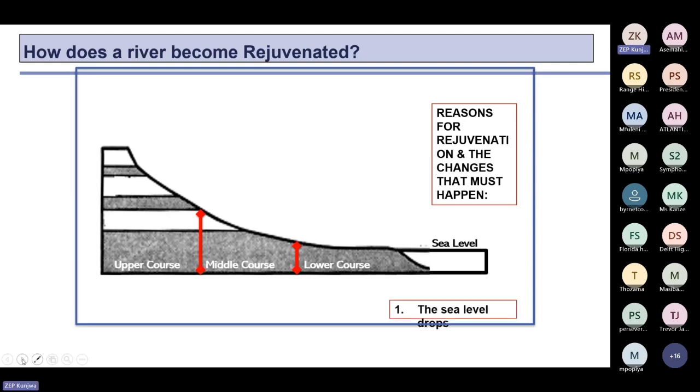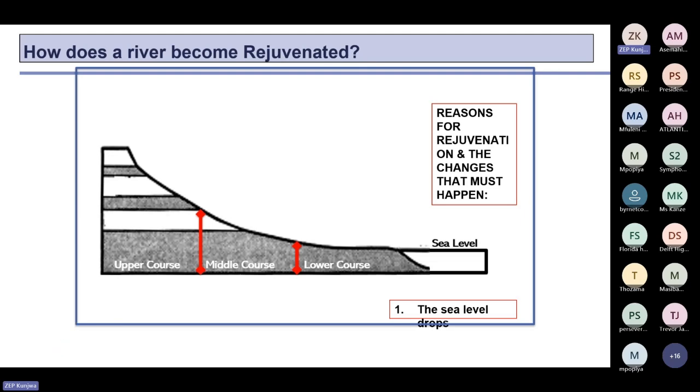Now, the first one is a drop in the sea level. I want to highlight something for you. Let me change the color to blue so that you can see it.